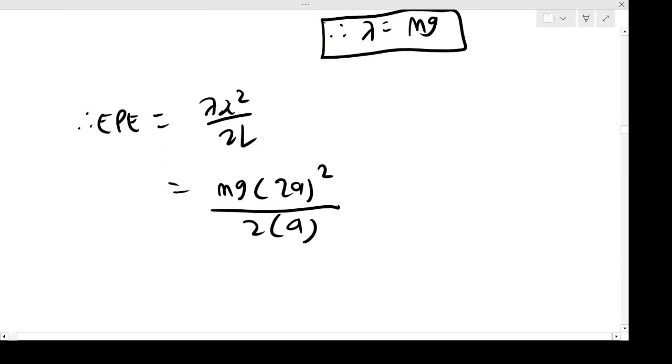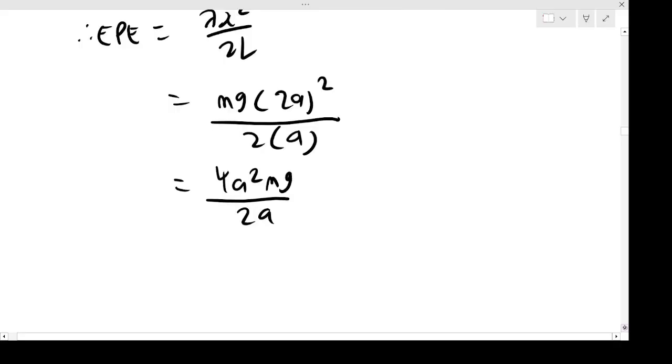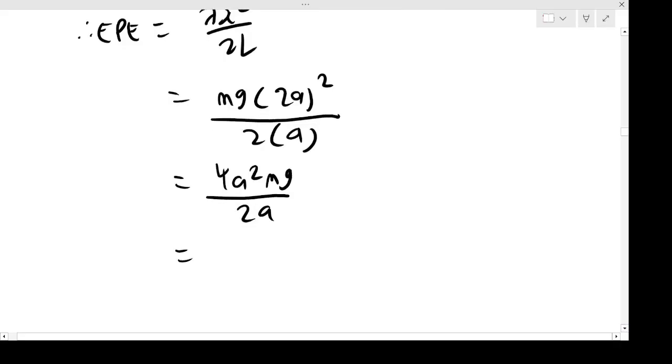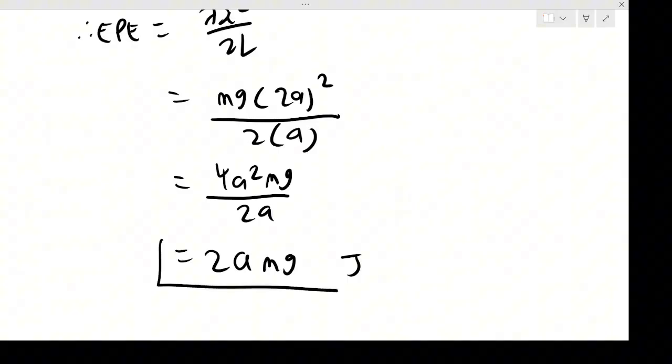If we simplify this, that's 4a squared mg over 2a. We can cancel it down: 4 divided by 2 is 2, a squared over a is a, lots of mg. And that is my answer. Again, it's not an actual number. Don't be afraid. That's the expression for the energy there.